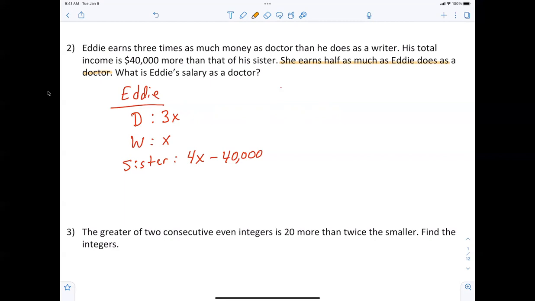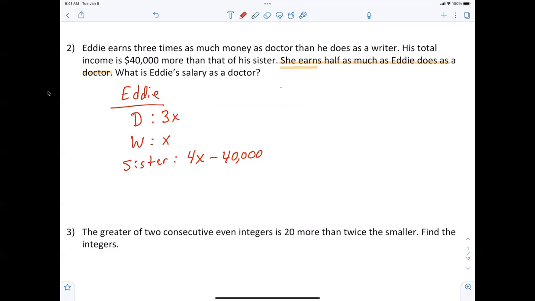Okay, so what do I have to do to her salary to make it equal to his salary? What does she earn? Algebraically, what does she earn? What are you talking about? It's right there on the board. 4x minus 40. I don't understand why you said you don't know. Well, I thought you wanted... I ask you, how much does she earn?